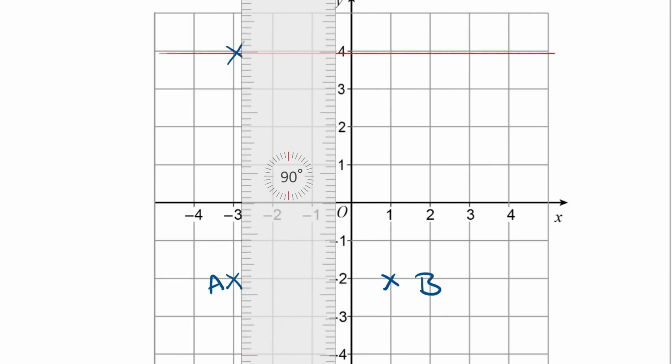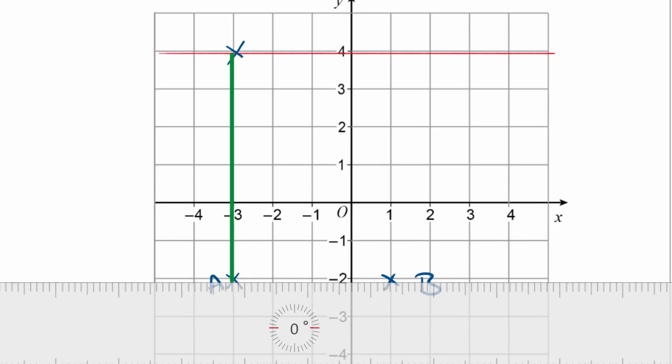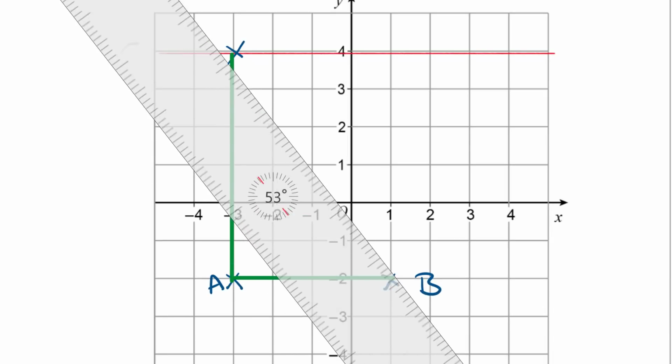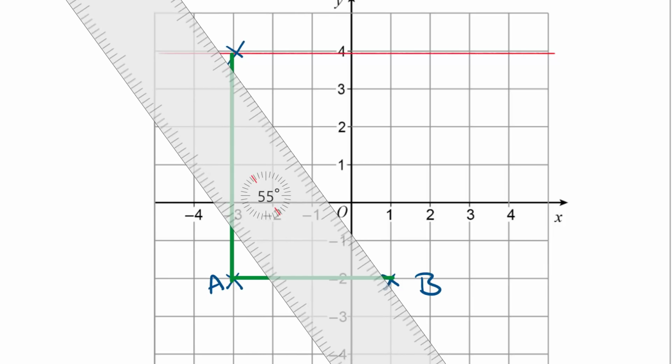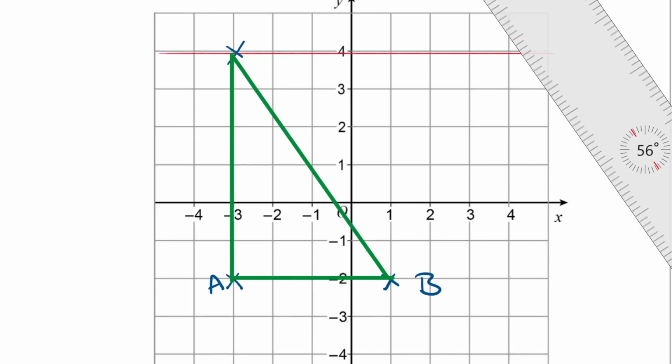So from C down to A, across to B. Okay, so that was C up there.